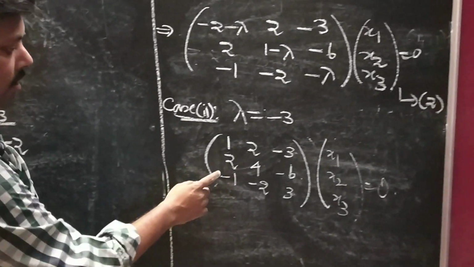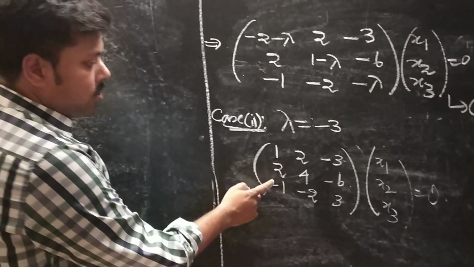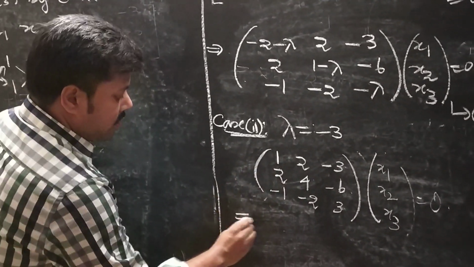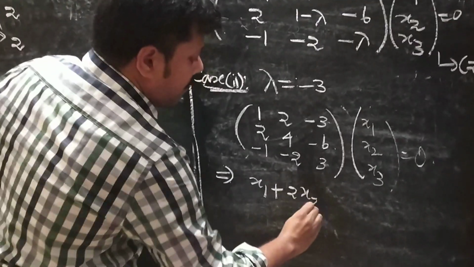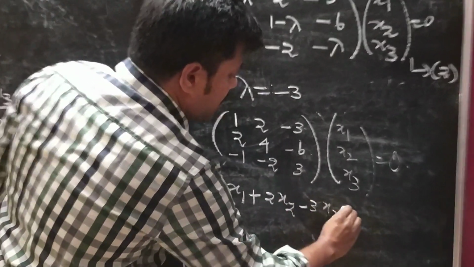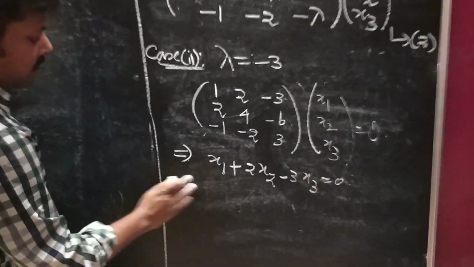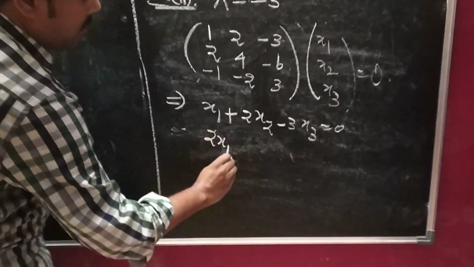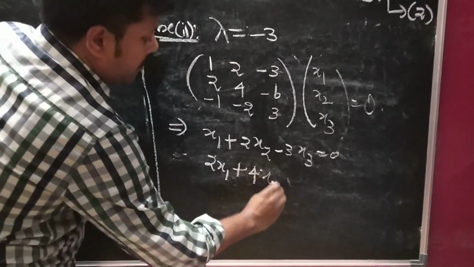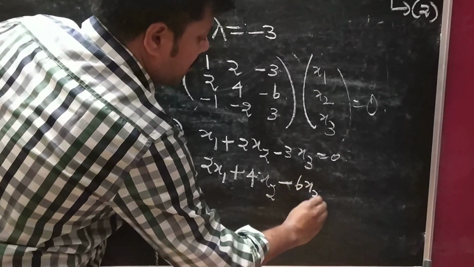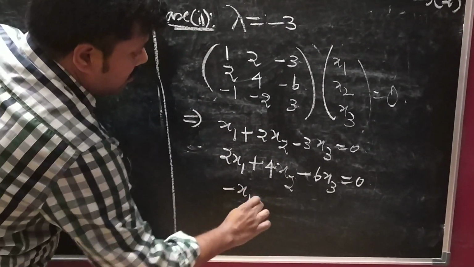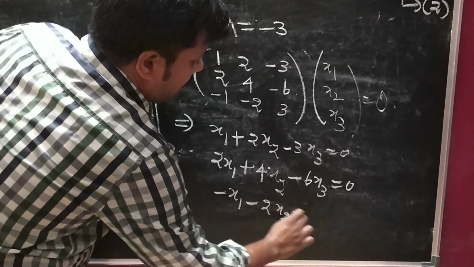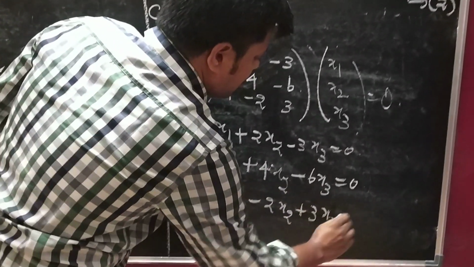Right? Listen here. In equation 2, I am writing the equations. x1 plus 2x2 minus 3x3 equal to 0. Second equation, 2x1 plus 4x2 minus 6x3 equal to 0. Third equation, minus x1 minus 2x2 plus 3x3 equal to 0.